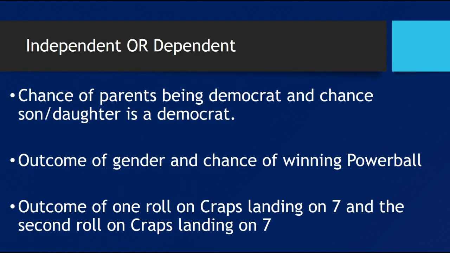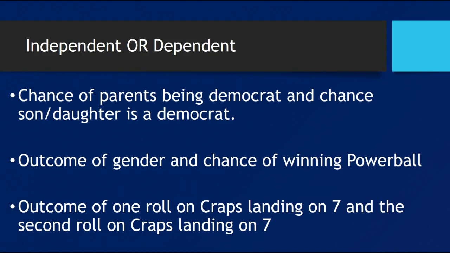So I want you to take a minute and look at these three. One is the chance of parents being Democrats and the chance that their son or daughter is also like-minded and considers themselves a Democrat. The second is outcome of gender and the chance that you win the Powerball.